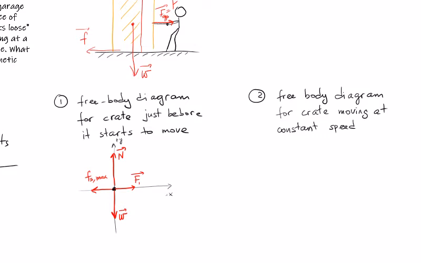So we're going to do again the coordinate system, keeping positive x to the right and positive y upwards. The crate as a particle, and now we have a little bit smaller applied force, that's F2. And then we have a friction, this time a kinetic friction, and then the weight of the crate and the normal force.